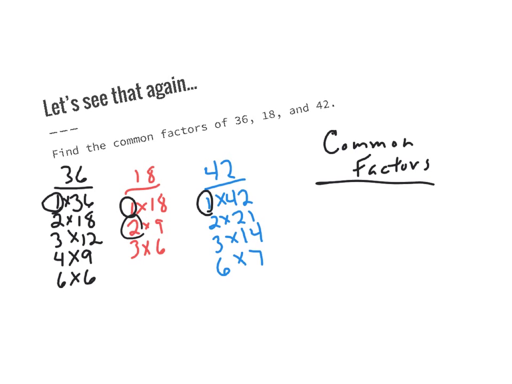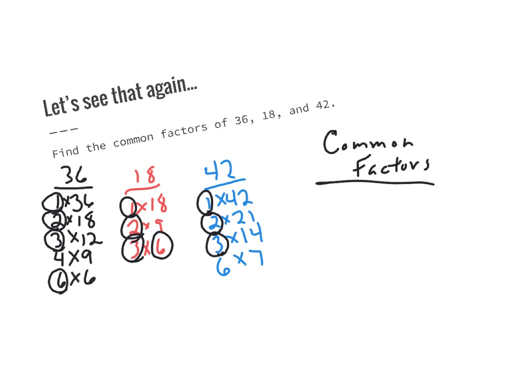Well, look, they're all even, so all of them have 2 as a factor. They all have 3 as a factor. Look at that, there's 3, 3, and 3. Now, it's not a common factor if just 2 of them share it in their list. So they all have 6 as a factor. There's that one right there.